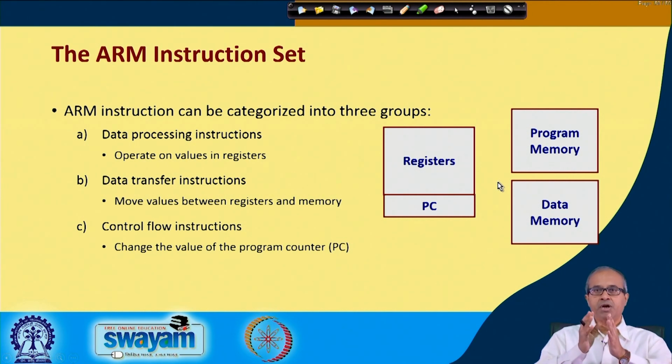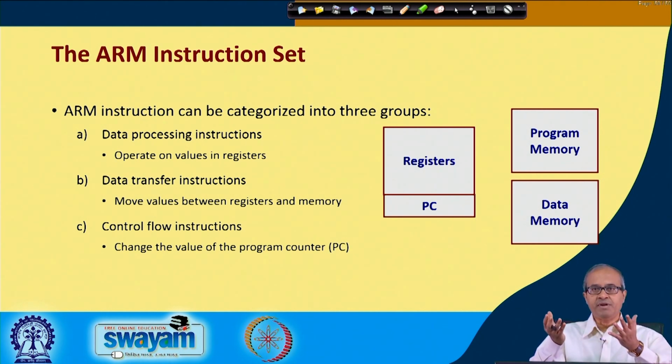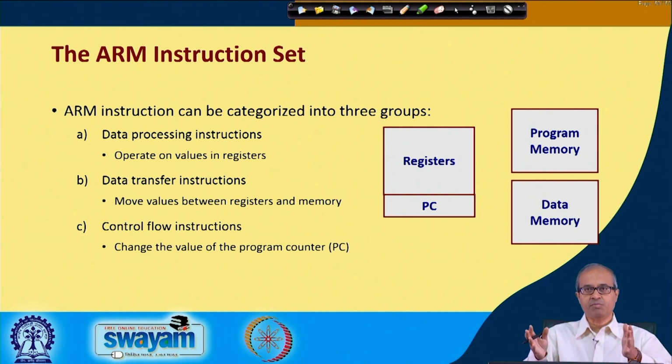Talking about the ARM instruction set, as a developer you need to develop or design an embedded system. You will have a hardware platform, a microcontroller based system, and you will have to write software for it. Today, most of us develop this software in some high level language, either in C or in Python or in Java.